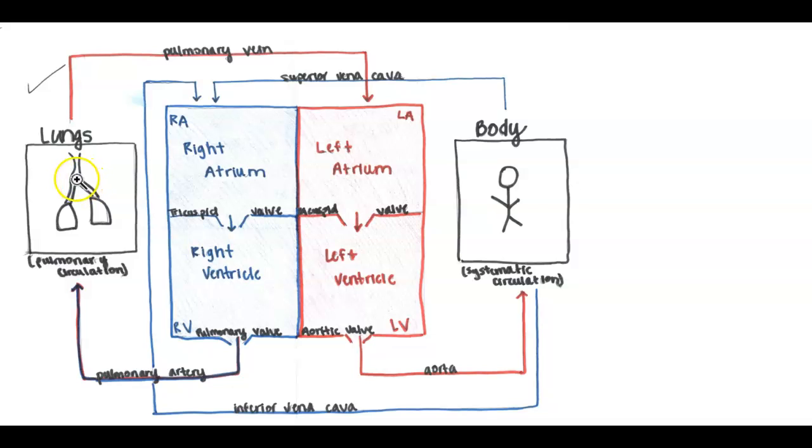The lungs will oxygenate the blood, and the blood will then, from the pulmonary vein, go back into the left side of the atrium. The left atrium will swell with blood. The myocardium will contract, push the blood through the bicuspid valves, through the valves.